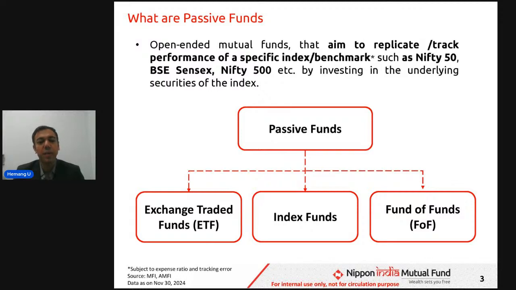There are certain equity related FOFs also plentifully available in the market. This will help those investors that do not have access to a broking account, right? So there it comes into the picture, but all these three types of funds come under the bouquet of passive funds.